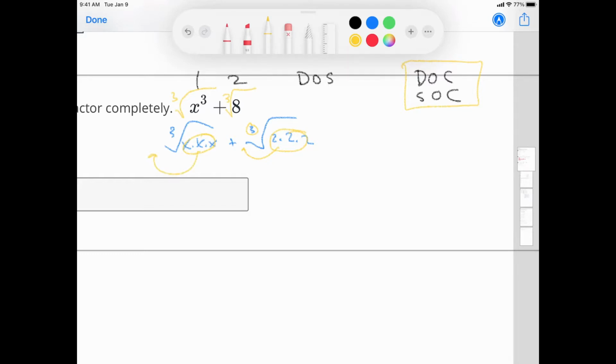This is basically saying that our A value, if you think about it, it's like this: x cubed, right? And 2 cubed. Because x cubed is x cubed and 2 to the 3rd power is 8. So that means our A value is going to be x in our formula, and b is going to be equal to 2.